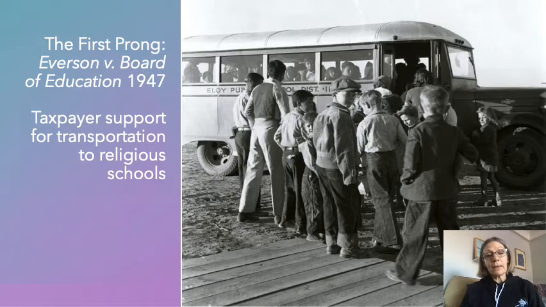So basically, parents who were sending their kids to both public and religious private schools would get a voucher from the taxpayers to offset the cost of transportation. And Arch Everson, a taxpayer in New Jersey, was angry about that. He thinks that a law that uses taxpayer dollars to reimburse parents to send their kids to religious schools is unconstitutional and violates the Establishment Clause. And so those are the facts of the case surrounding Everson versus the Board of Education.